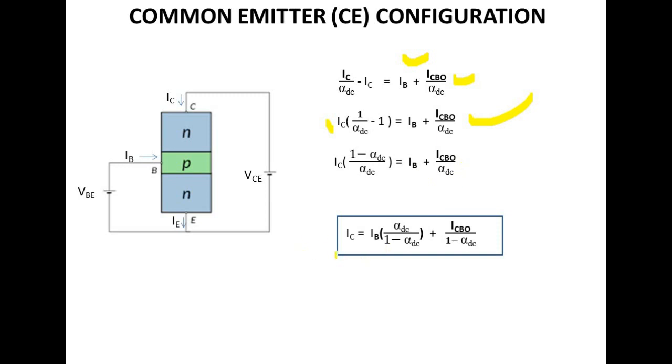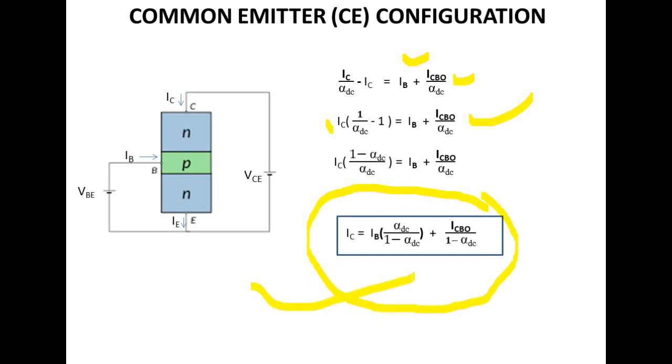And finally we get IC is equal to IB into alpha DC upon 1 minus alpha DC plus ICBO upon 1 minus alpha DC. Here we see that this relationship is between output current and input current that we were trying to derive. So we have found the current relationship between the output current and the input current. This is a very important relationship.